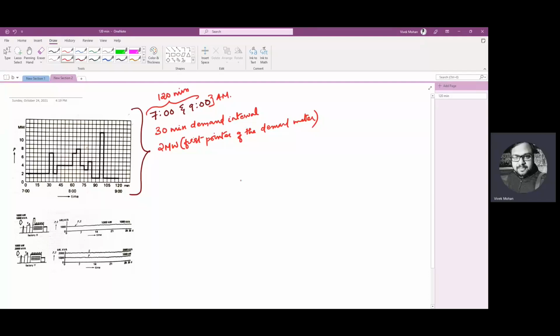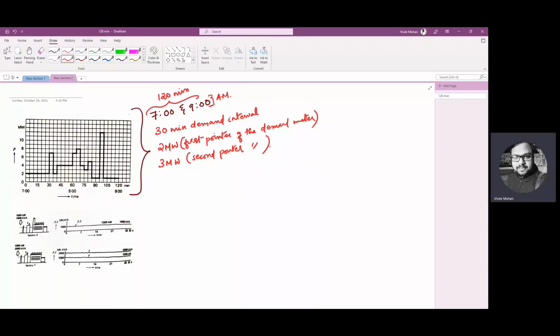So the second pointer indicates 3 megawatts at the same time. So at 7 a.m., this is the reading.